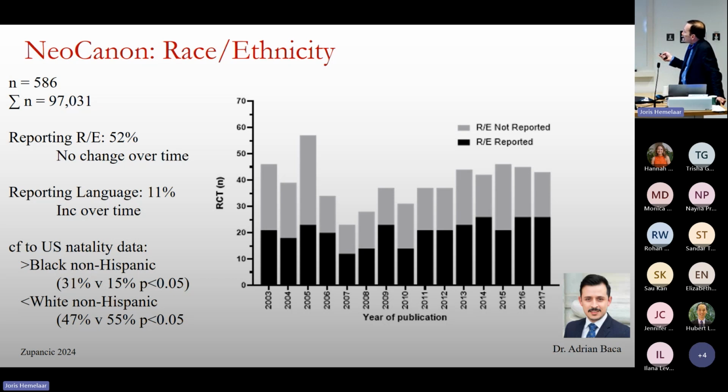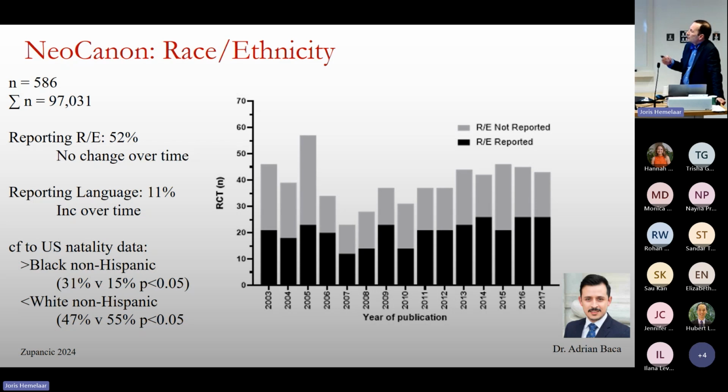This is Adrian Baca, who's another one of our international students from Mexico, who's now going to residency. He did a very good job of this study, which looked at whether studies reported race and ethnicity. Only 50% of the studies in the U.S. had reported race and ethnicity. Only 11% had reported language as an inclusion or exclusion criterion.